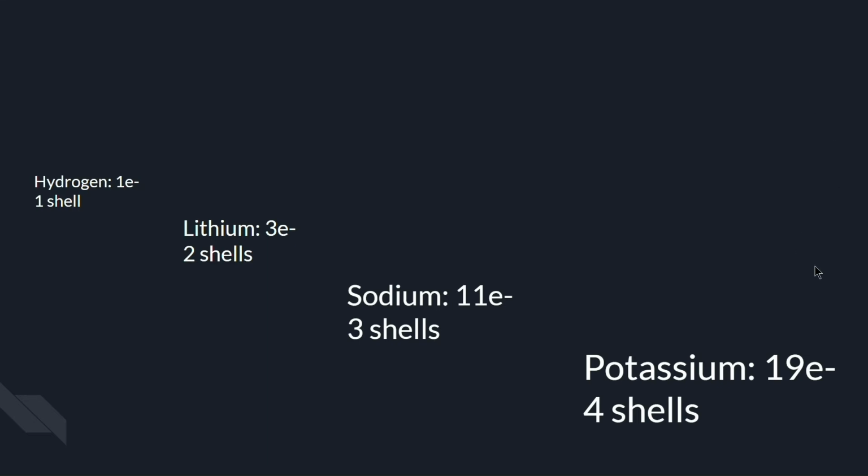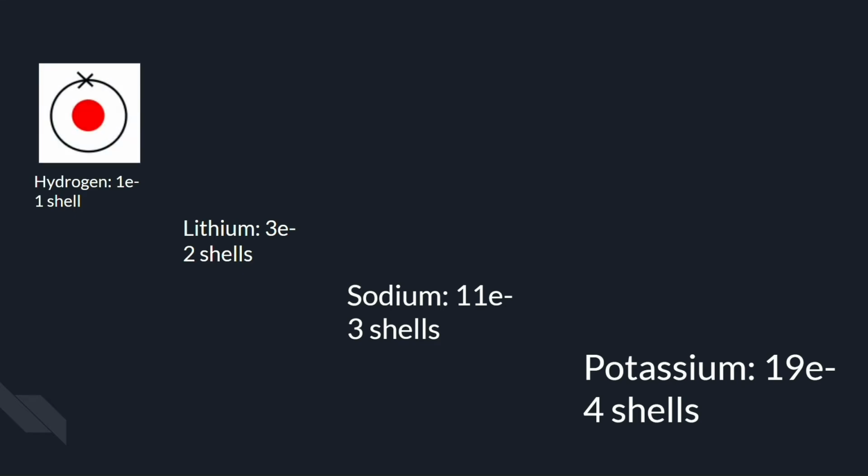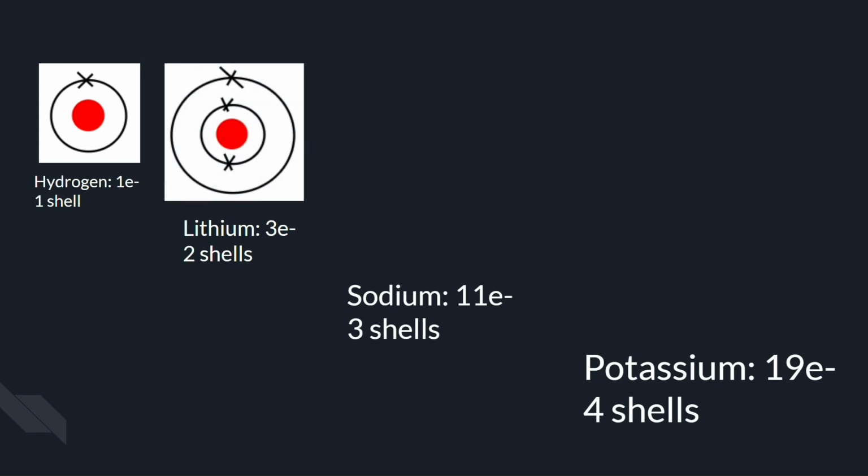Okay, I hope you guys have your diagrams drawn. So we've got hydrogen, where we have 1 shell and 1 electron, so that's simple. So it's only 1 electron in the outer shell. Lithium, we have 3 electrons, but we need 2 shells because we know the first shell can only contain 2 electrons. So the third electron must be in a new shell.